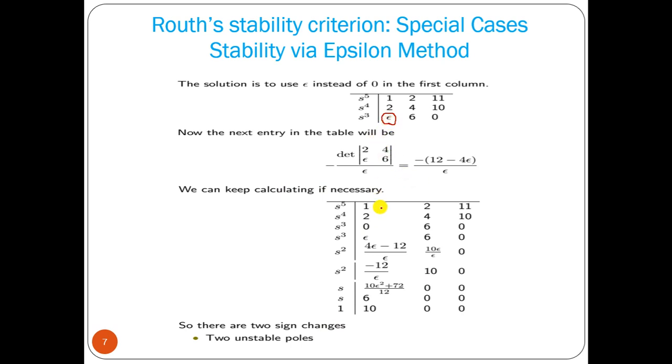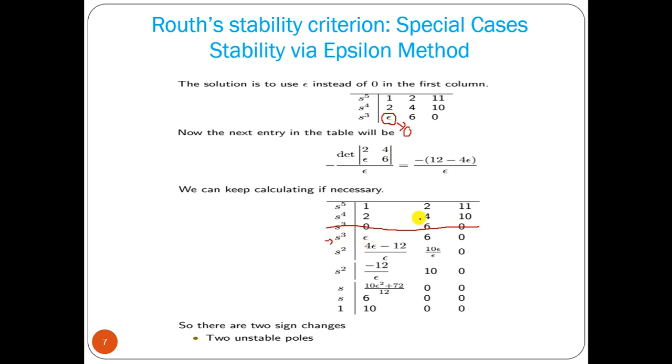Then we have to construct the whole Routh table or Routh array. Now here, what will be the value of 0? Instead of 0 we are writing epsilon. Now the s squared term will be what? This term is not there now, instead of this term we have epsilon.